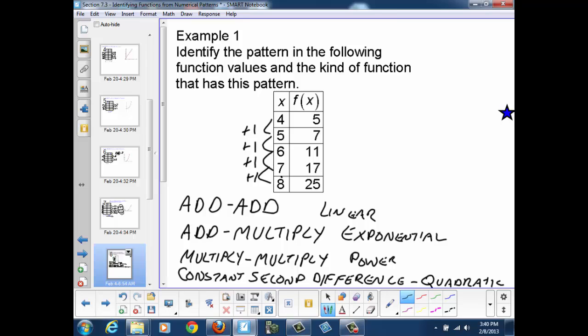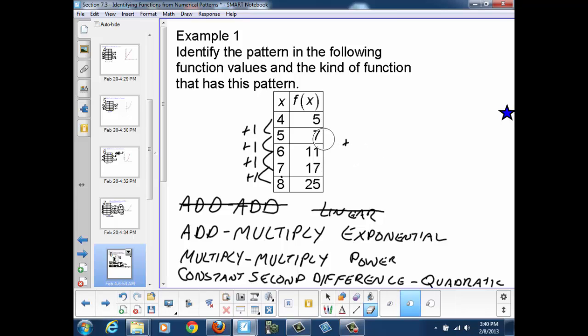Now we'll see if we can determine a consistent y pattern through addition. To get from 5 to 7, we'd add 2. To get from 7 to 11, we'd add 4. So we're not adding the same value for y when we add the same value for x. Therefore, add and linear don't apply to this example.